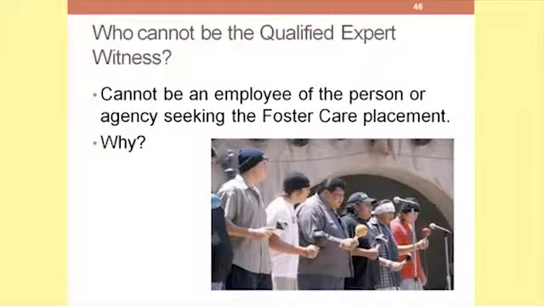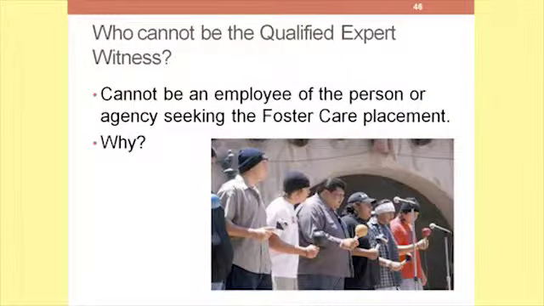So, as you move through a case involving an Indian child in the child welfare system, you have to always be thinking about where did this requirement come from and why is it there? So if the requirement is there because agencies were removing children historically based on institutional bias and cultural bias, having someone from that same agency come and say, yes, this is an appropriate placement and removal, or it's appropriate to terminate parental rights, it doesn't do anything to offer any extra evidence.